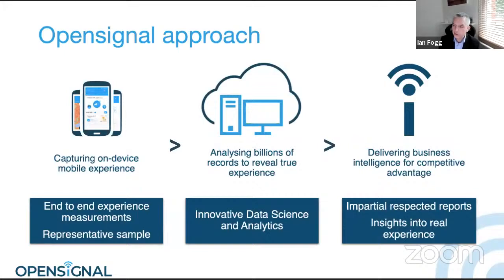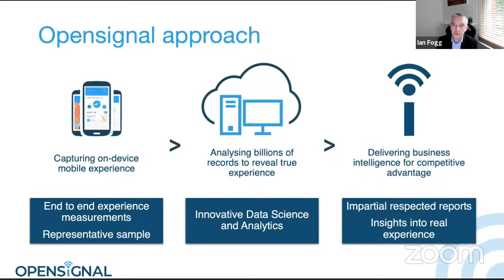Where we've seen companies or organizations try and do it at smaller scale, they often don't realize how hard it is both to pull the data together and do the analytics on it to derive insights into what's happening in the market. One of the key things we think is important when we have a standard methodology is being able to make comparisons between each operator to give them that competitive analysis.